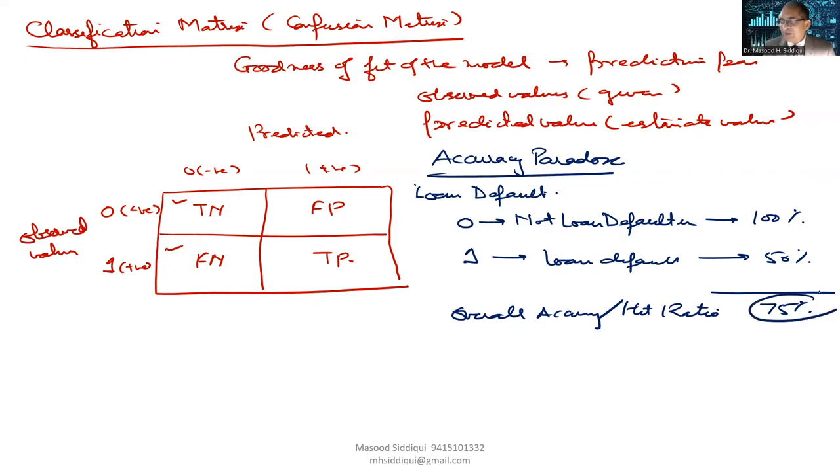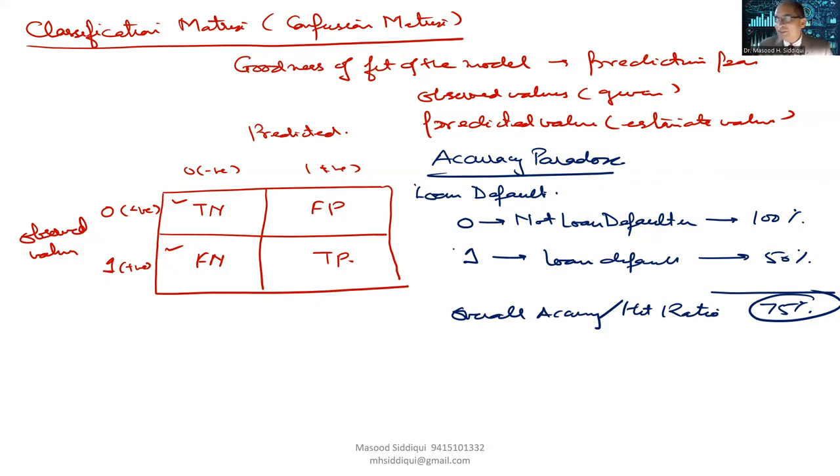If we look at the 75% value, it looks to be a big value, a good value, right? That our model is able to predict the loan default or not.